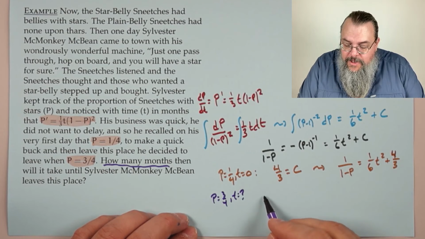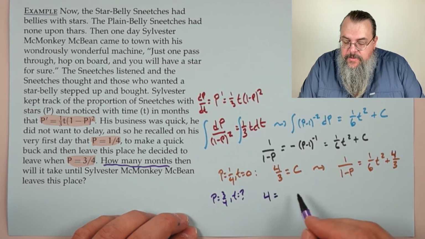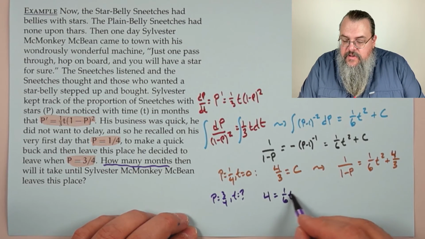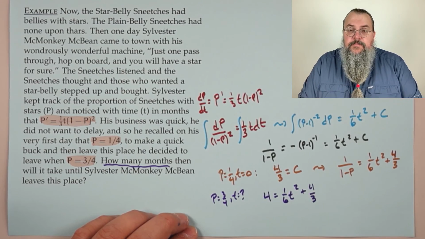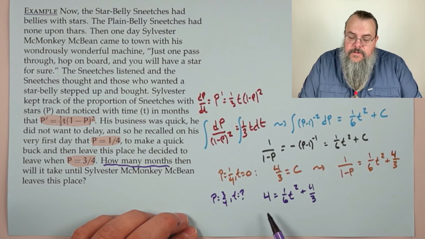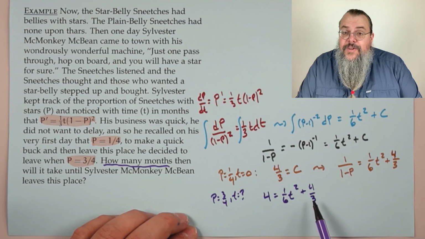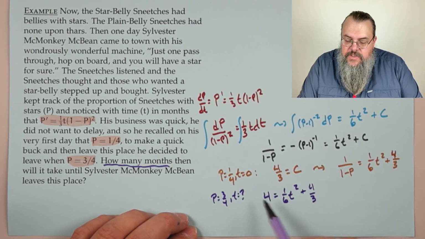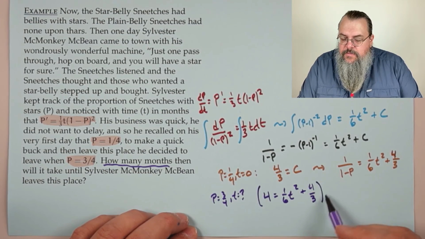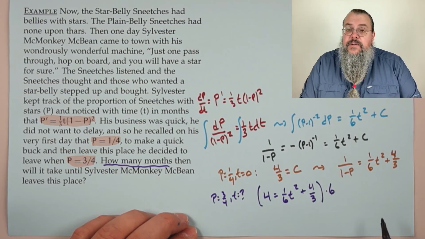So 4 is equal to 1/6 t squared plus 4/3. All right, well, let's subtract 4/3. Actually, no, let's just make life easy. Let's multiply by 6, so we get rid of fractions.